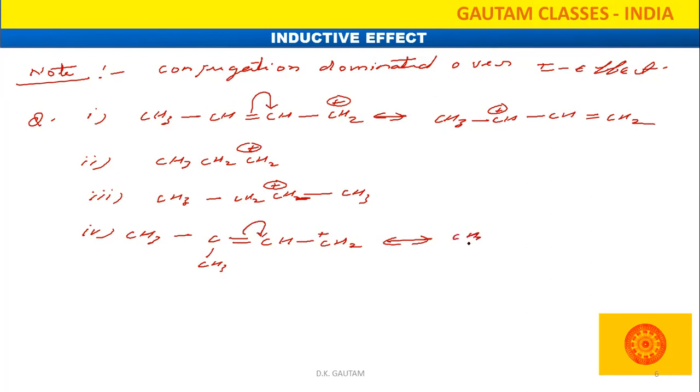We can write here CH3C, CH3, and here will be the positive charge and CH double bond CH2. So they both are having the conjugation. But one more thing is here, there is an extra methyl group present, those are the plus I group. So definitely it is going to donate the electron density. So the highest stability here is for the fourth one.